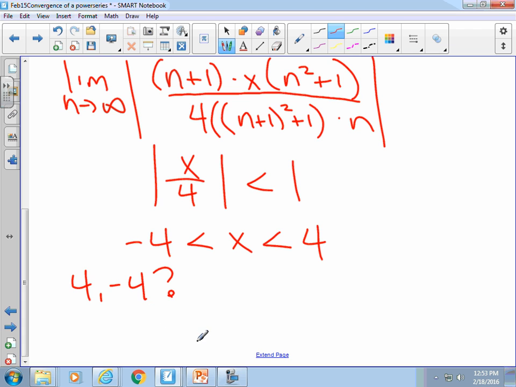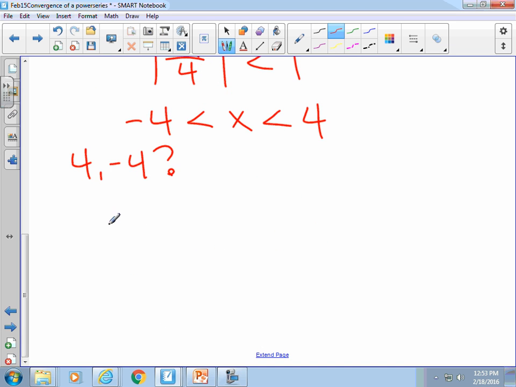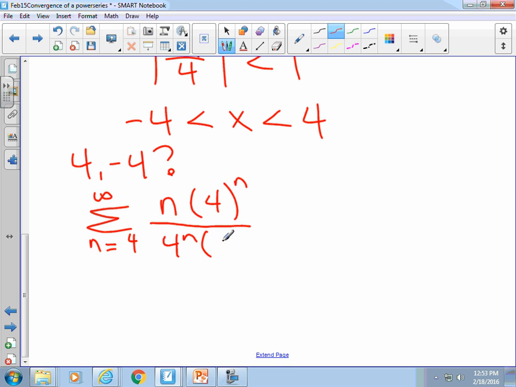So the first thing I'm going to do is plug in 4 and negative 4 and see what the sequences look like. So let's start, was it n equals 1? Was that what it was? The sum from n equals 1 to infinity of n times 4 to the nth power over, what was it, 4 to the n times n squared plus 1.